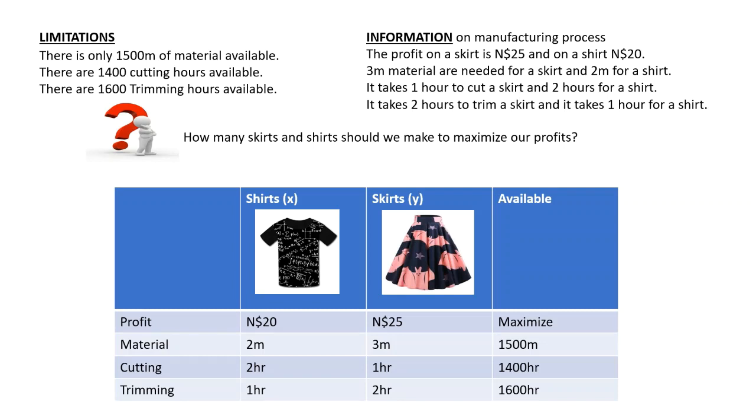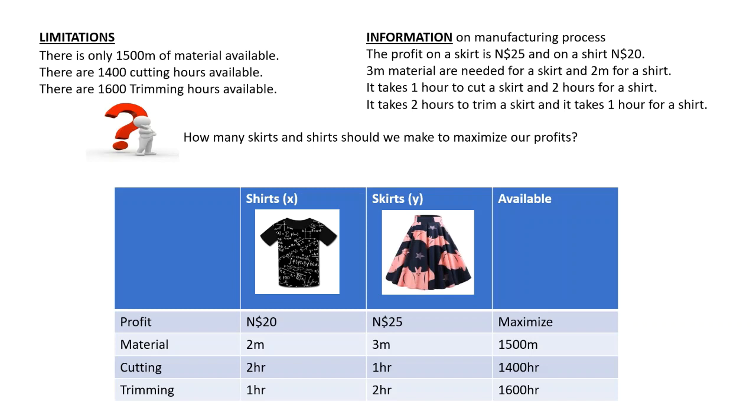So what Mike did is he summarized all these limitations and all this information in a table as seen below. You can see here I have a column of shirts and a column of skirts, and here it says available. If we look at the second row, it has the profit, because one shirt makes a profit of $20, one skirt makes a profit of $25.